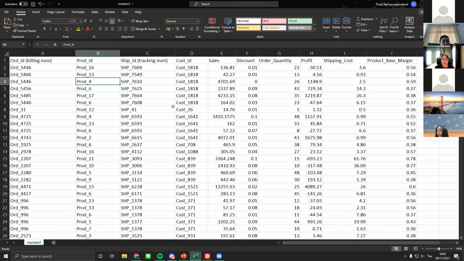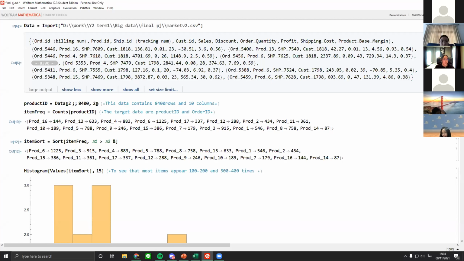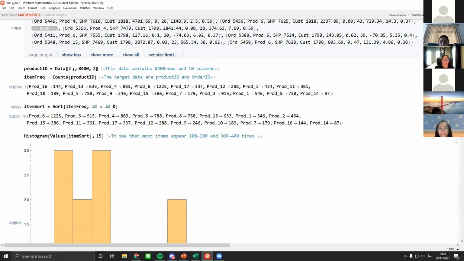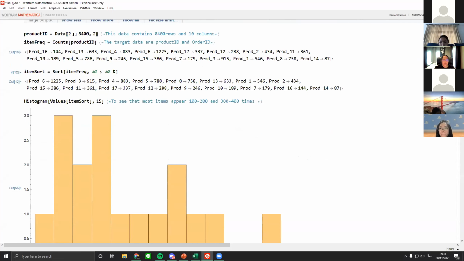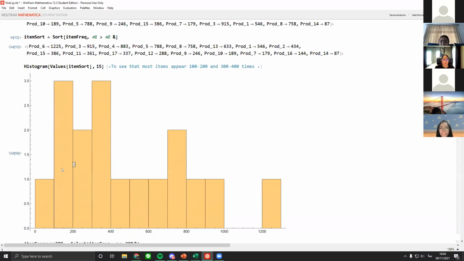Okay, so this is my data set, and this is my Mathematica code. First, I count the product ID because I want to know the frequency of each item, and next I sort them to see the popular products. I wrote histograms to see that most items appear 100 to 200 and 300 to 400 times.